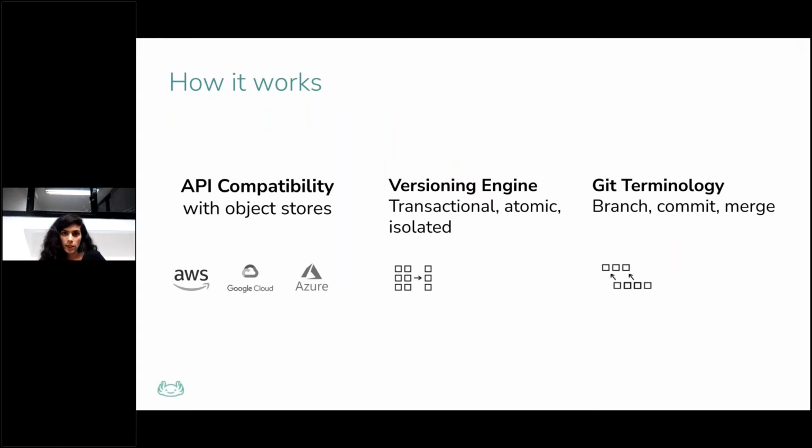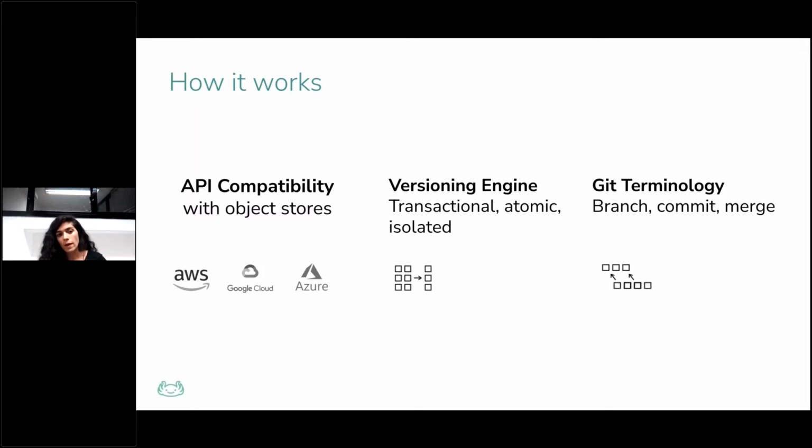So let's see quickly how LakeFS works. We expose an API that is a superset of the Amazon S3 API. And this API is used by any application that up until now communicated directly with the object storage via the S3 API to communicate with LakeFS.